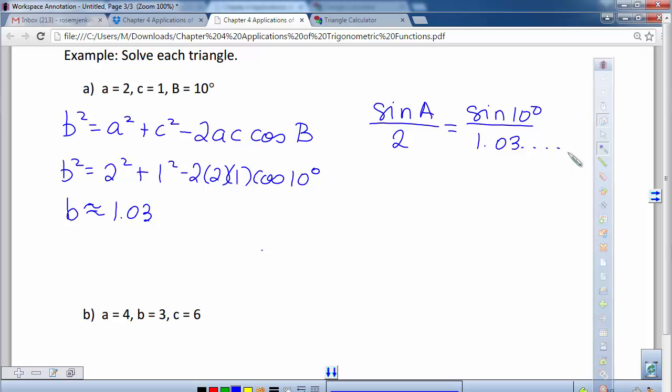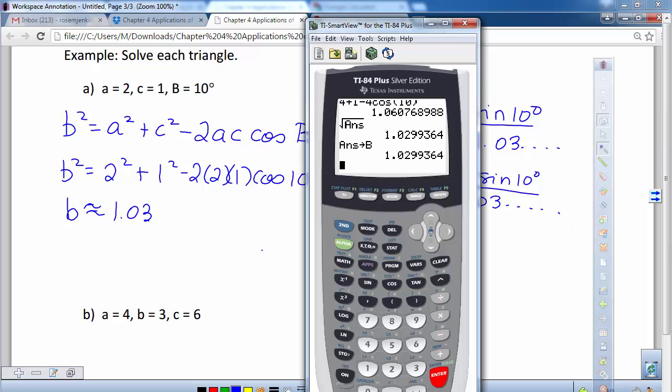So we get sine A equals 2 times sine of 10 degrees over 1.03.